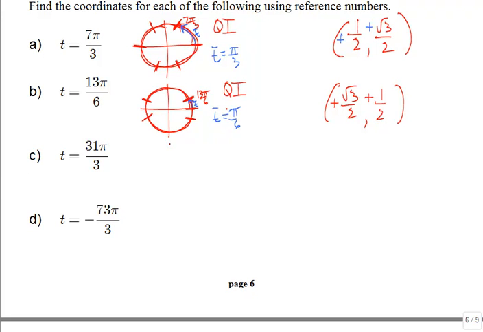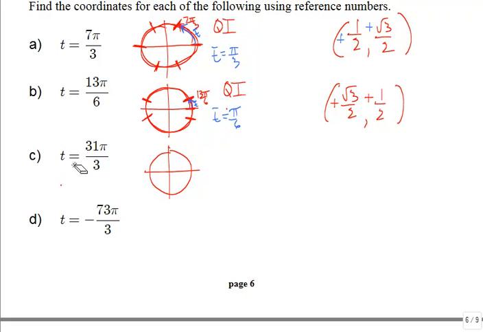Okay, 31 pi over 3. Now you can start counting all the way around your circle like we've been doing on these last examples, but hopefully you see that this 31 is pretty big, so we would have to count around several times before we get to 31 pi over 3. Sometimes when the number's big like this, I just do a little dividing to help me figure out how many times around I'm going and what the extra would be.